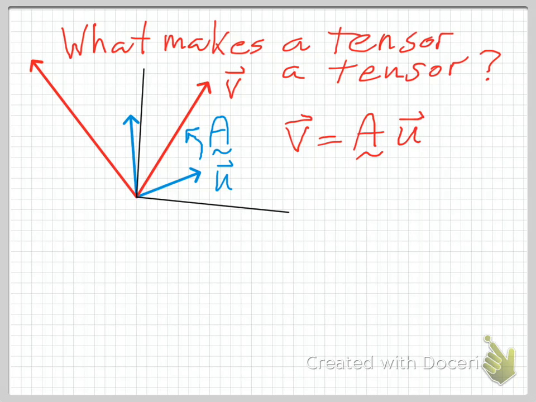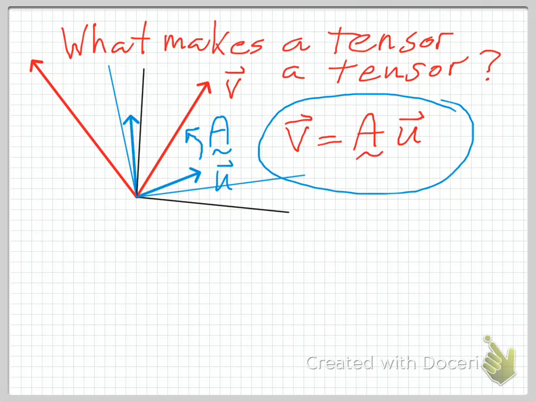Like, say, maybe the new coordinate system would look like this. Well, that's not very good. Like this, and like that. That's getting kind of messy. But the point is, this relationship here would still hold. The transformed A times the transformed U would equal the transformed V.